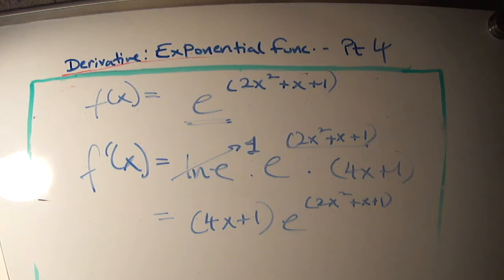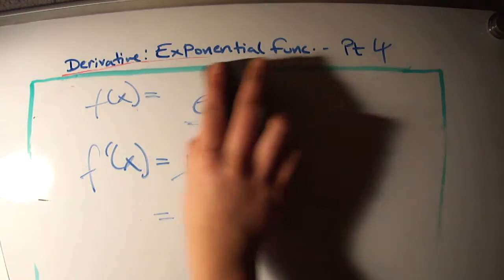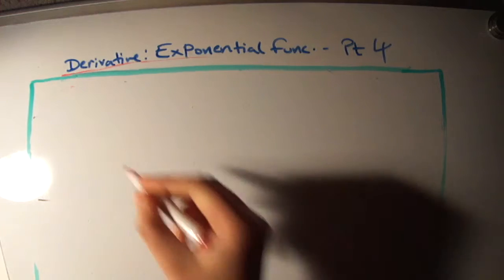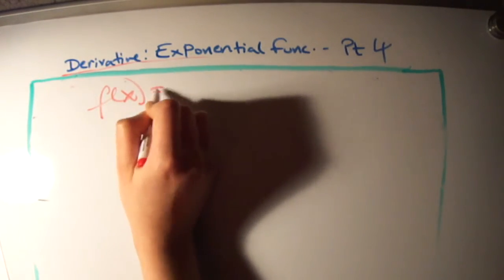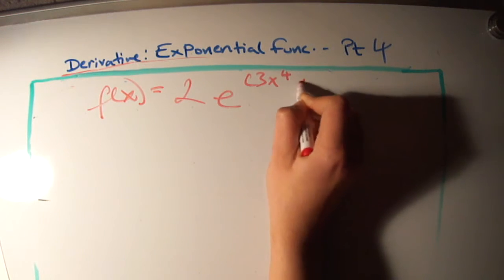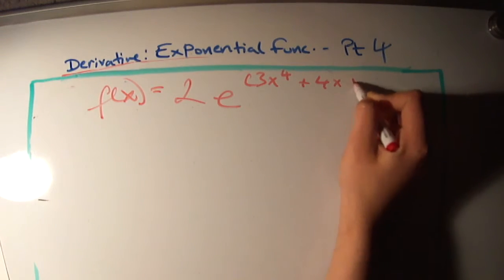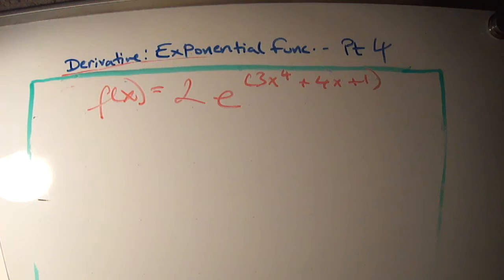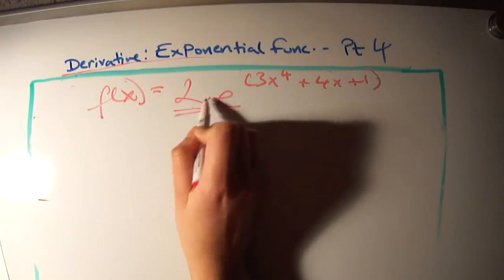Now a slight modification of this question would be this right here. This is nothing major, it's just a little different from the previous question. What is different? You have a constant.